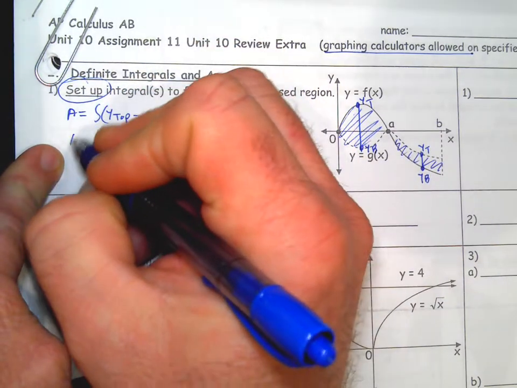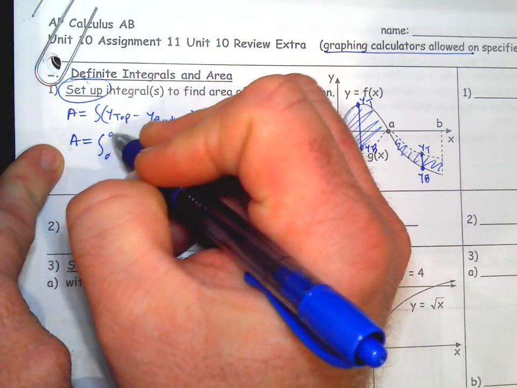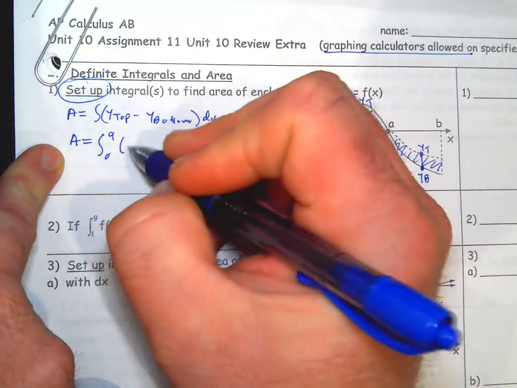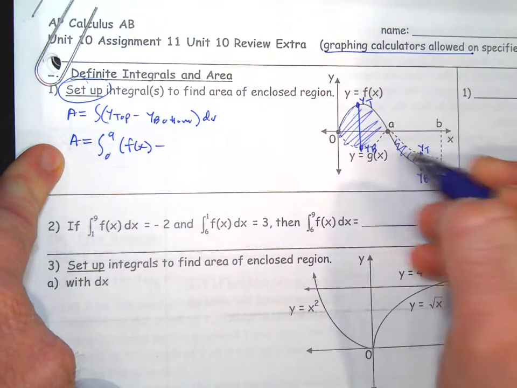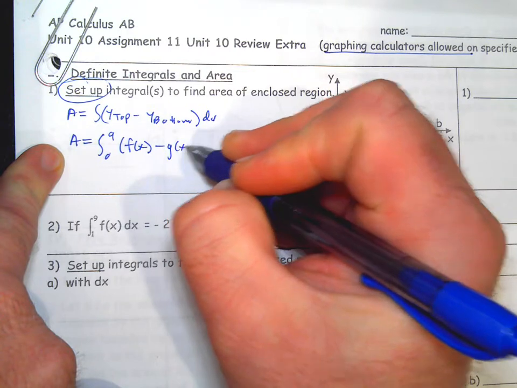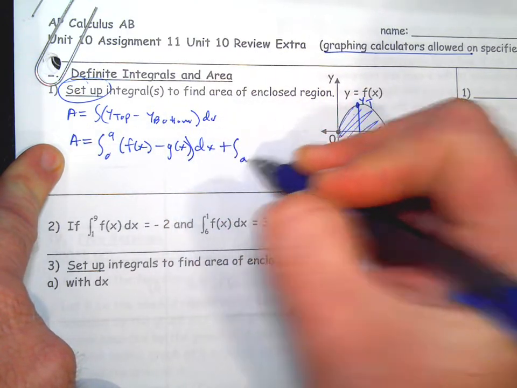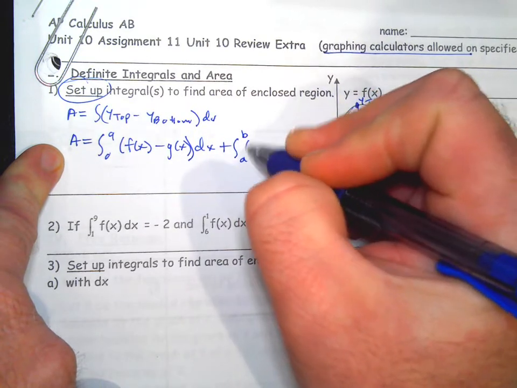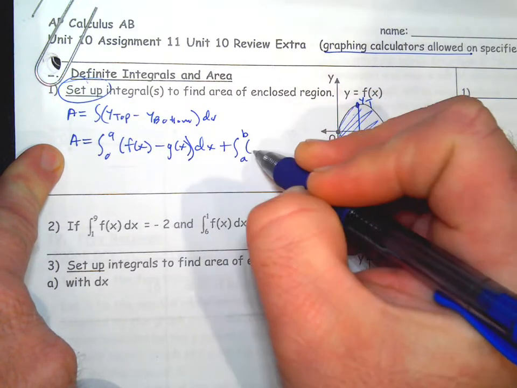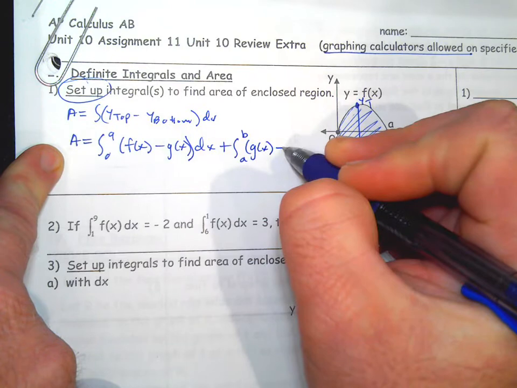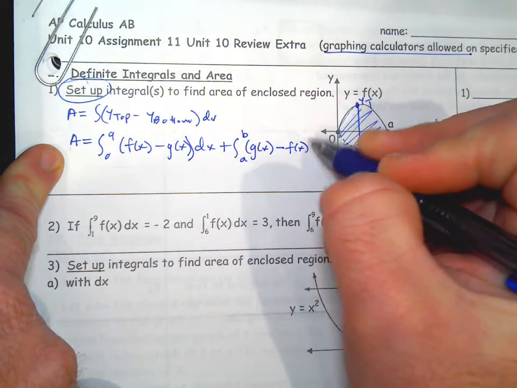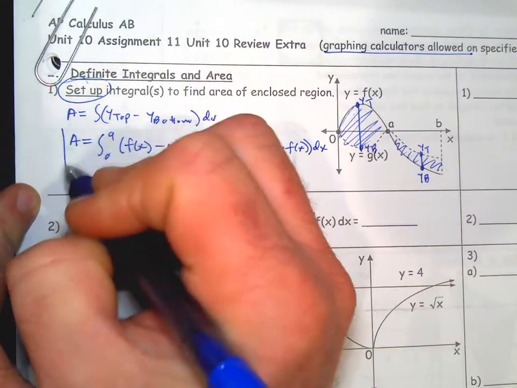So the area is 0 to a, y top is the f(x) function, and y bottom is the g(x) function. The parentheses around all that, and then we're going to go a to b, and g is now the top function, and f is the bottom function. And that's it.